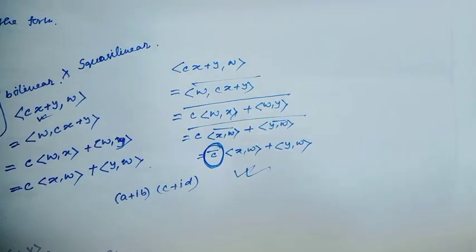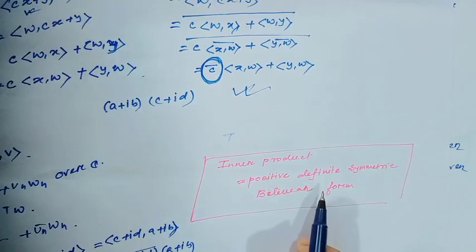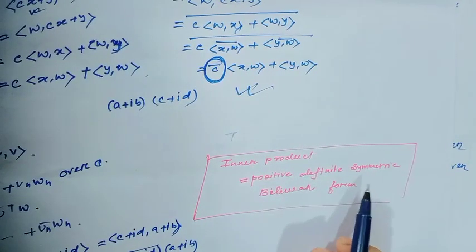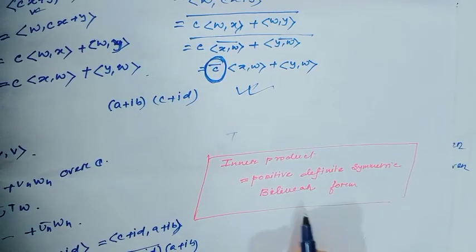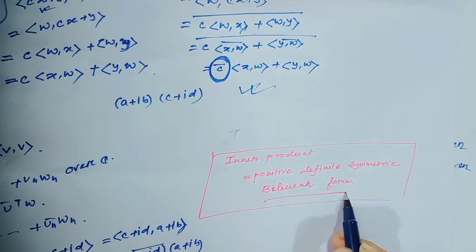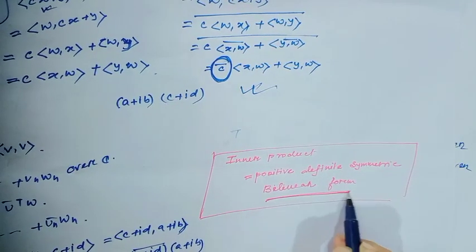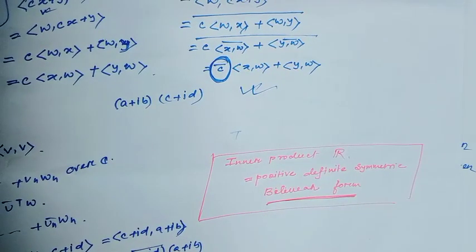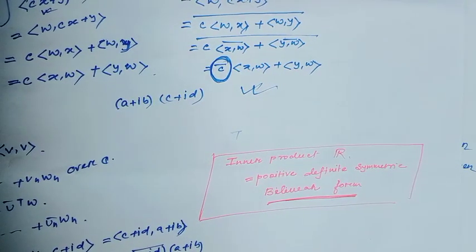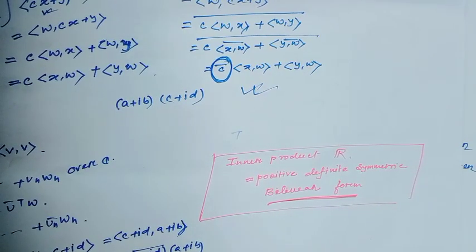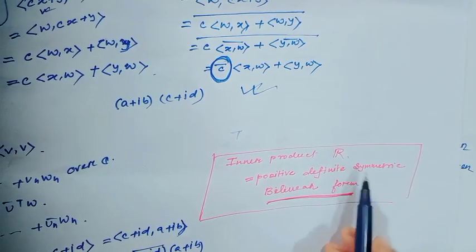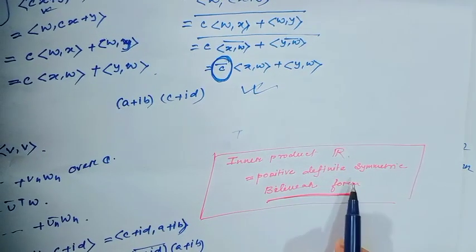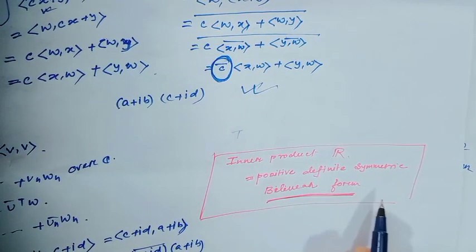Okay. Inner product is actually a positive definite and symmetric bilinear form when the field is real numbers, because I have told you when the field is real numbers, then inner product is a special type of bilinear form.